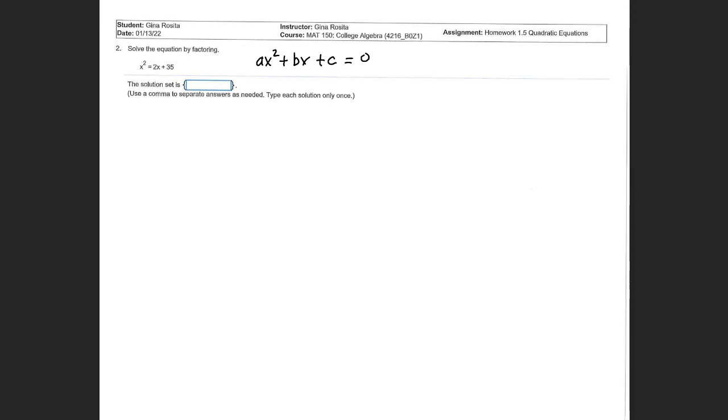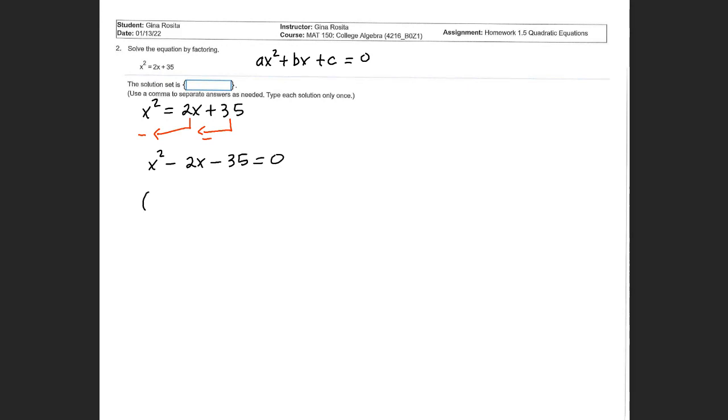Just copy for this one. X squared equal 2x plus 35. Move everything to the left side. This one moves to the left side and becomes negative. So now I copy: x squared minus 2x minus 35 equal 0.